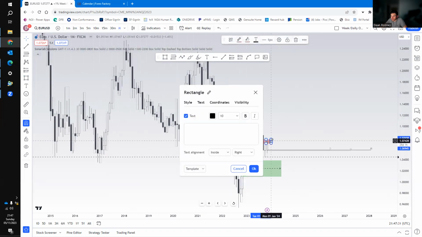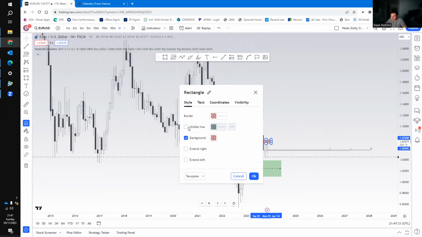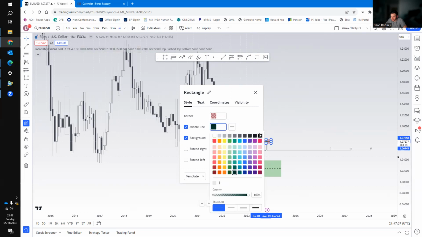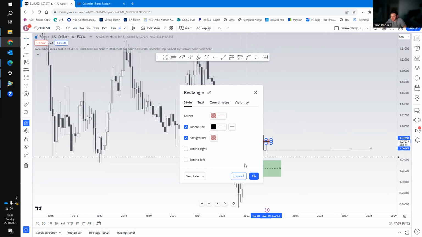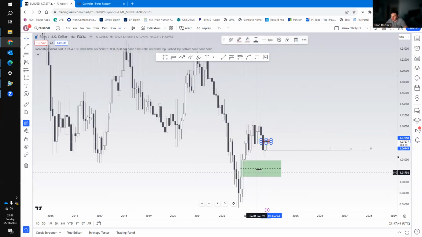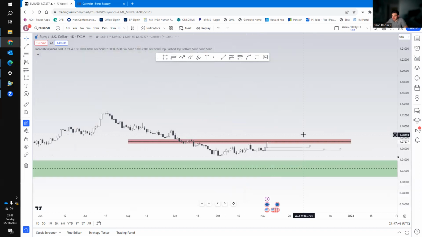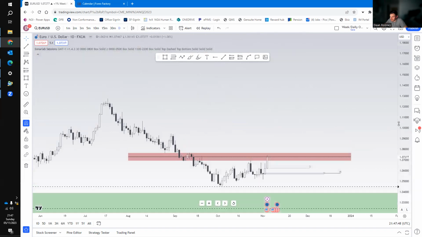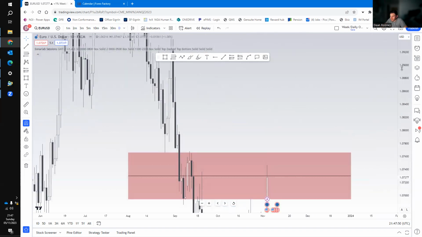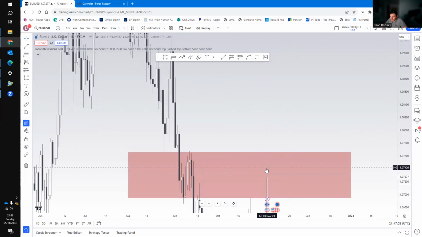Also, I'll put the middle line on this one just to show that, again, on Friday's close, I was watching to see where it closed because I wanted to see it close in the bottom half of this. So if I go down into the daily, just straight after there, look at this. So we wicked above the 50%, but we closed below.